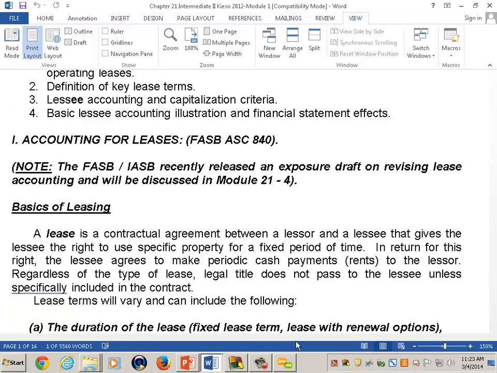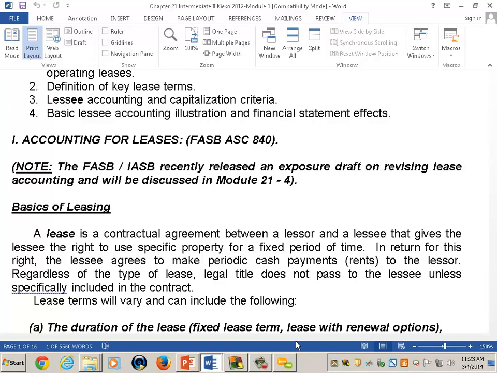The game is whether or not this contract, although it doesn't pass legal title, whether or not the lessor reports this as a sale of the asset to the lessee. So the question is whether or not the asset and the liability should go on the balance sheet.